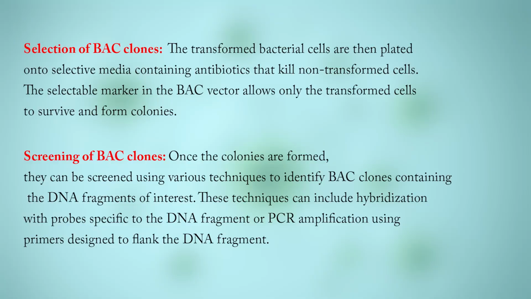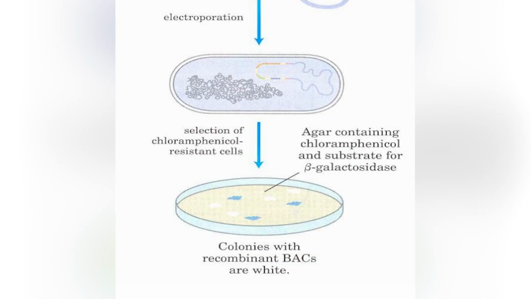So, you can apply various types of hybridization techniques and PCR amplification methods. You have got up to the selection that the host cell is carrying the BAC clone, but after that, the very important thing is to find out whether the BAC clones contain the gene of interest or not, and to identify the clones containing the gene of interest.